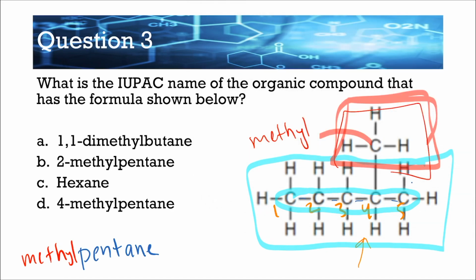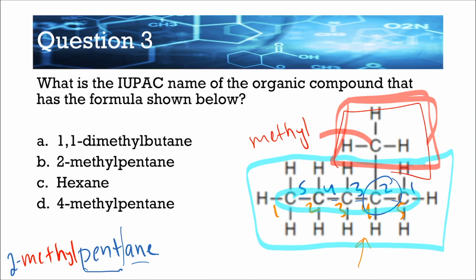If you label it from the other end, we could say it's on the second carbon or the fourth carbon. If they don't match, you have to use the smallest number. And what's smaller, 2 or 4? Hopefully you all say 2. So that means it is 2-methylpentane. Again, pent means you have the 5 carbons in the longest chain.